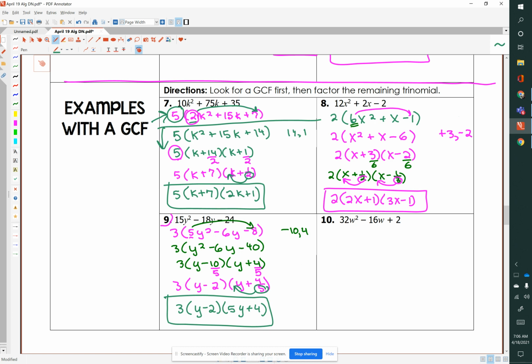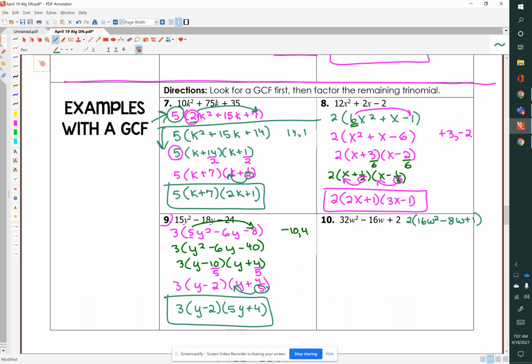And then number 10. So all we can factor out is a 2, which would leave us with 16w squared minus 8w plus 1. So I need two numbers that multiply to 1 and add to negative 8.